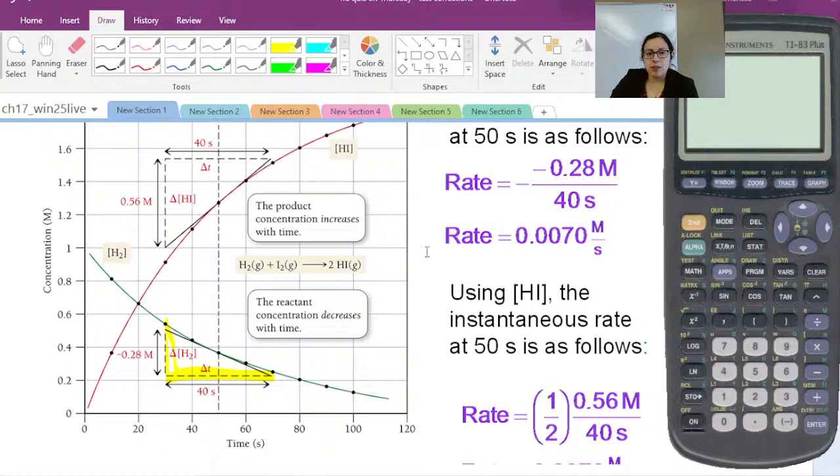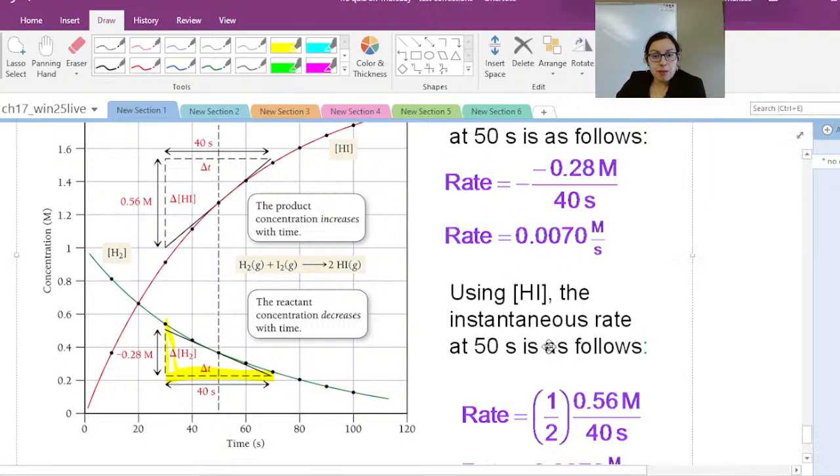All they did here was negative 0.28 molar divided by 40 for the time period we were looking at. Now we get this rate, and it's negative because it's being consumed.